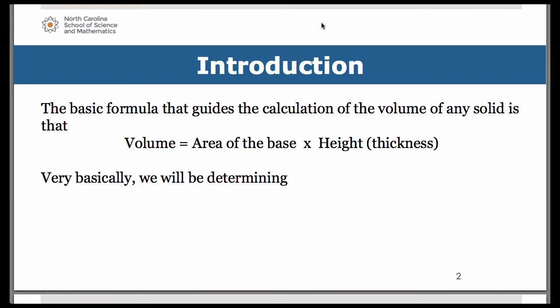So when we talk about height, think maybe more of thickness. And again, it's not a really thick thickness. All right, so imagine something with a very, very small height or thickness. So really what we're going to be talking about in order to get the volume of the solid that's created, it is going to turn into a definite integral.